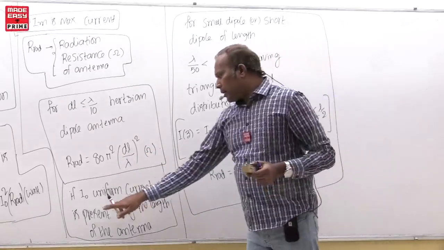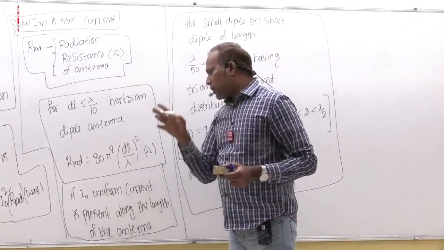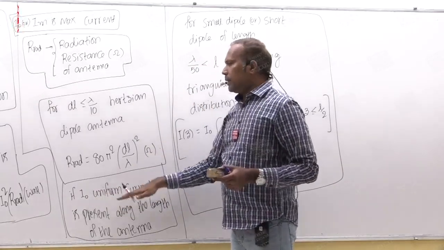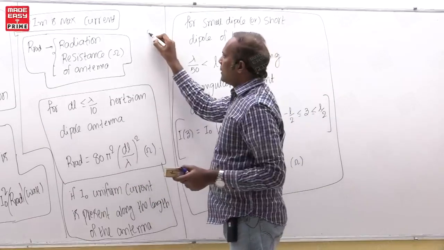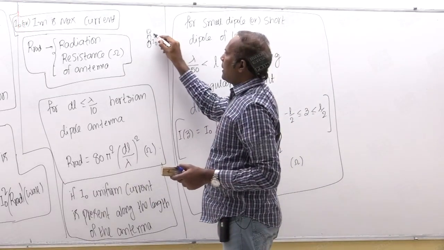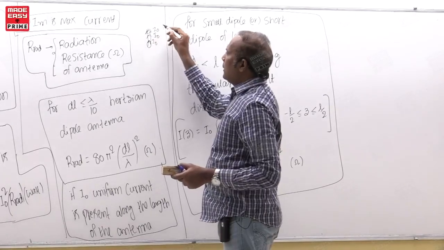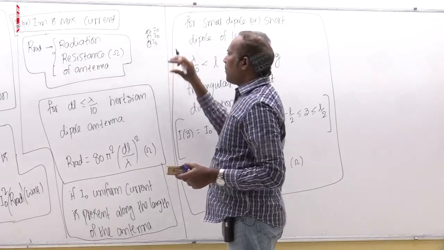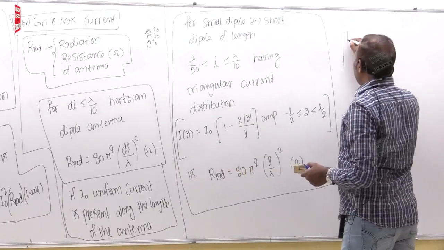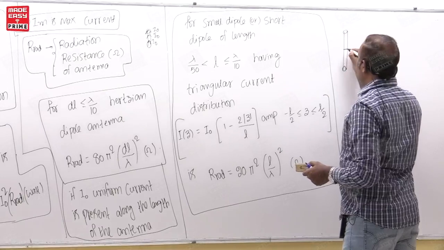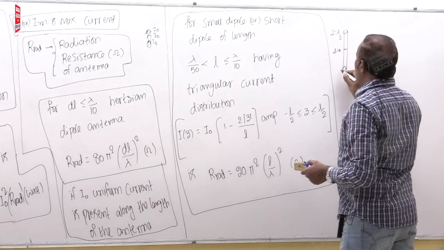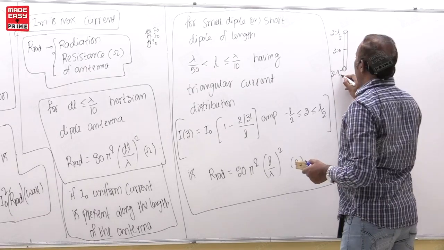So for I naught uniform current distribution, that means at every location the current is I naught on the length of the antenna. So this is the antenna rod, then here also I naught current, here also I naught current, that is called uniform distribution. Triangular distribution means if there is an antenna like this, then this is z equal to 0, this is z equal to L by 2, and this is z equal to minus L by 2.